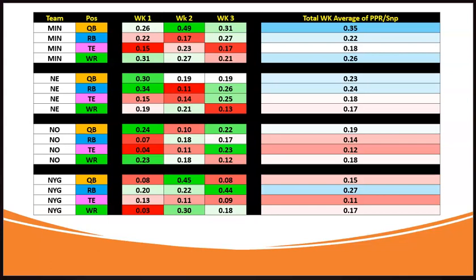Minnesota, running backs get the blips and the quarterback. Wide receivers could be doing better. Tight end could be doing better. Hockenson. New England, running backs and their tight ends are carrying the day here, at least week 3. But week 2, boy, that was a sad week. Look at that. New Orleans, all about the tight end scoring and the quarterback.